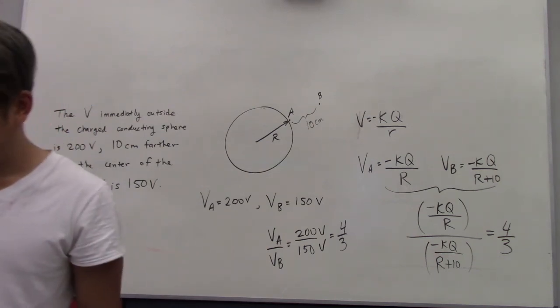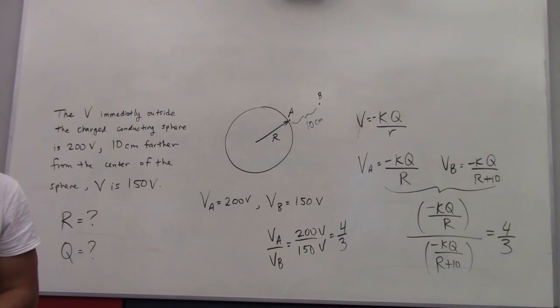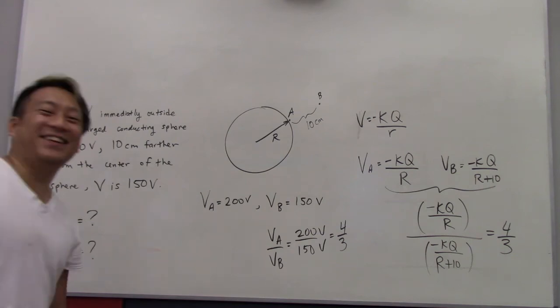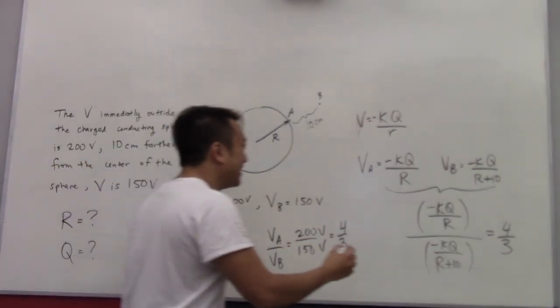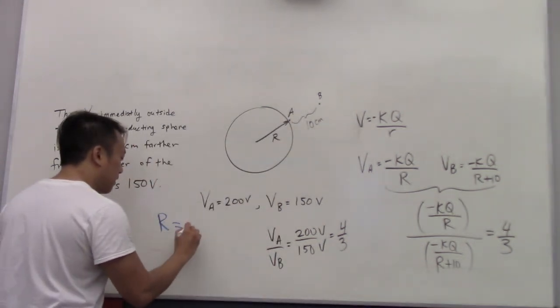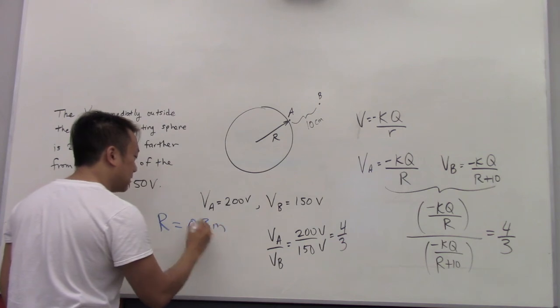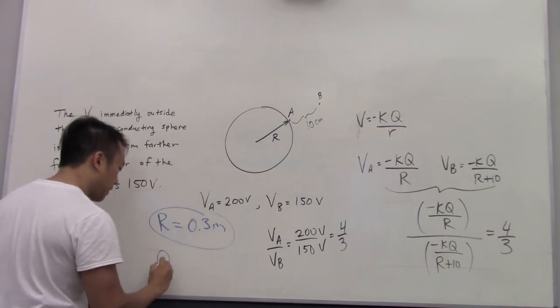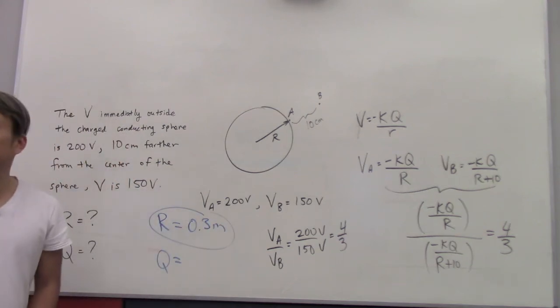What was the answer? What did R equal? R was 0.3 meters. The question is, what's Q?